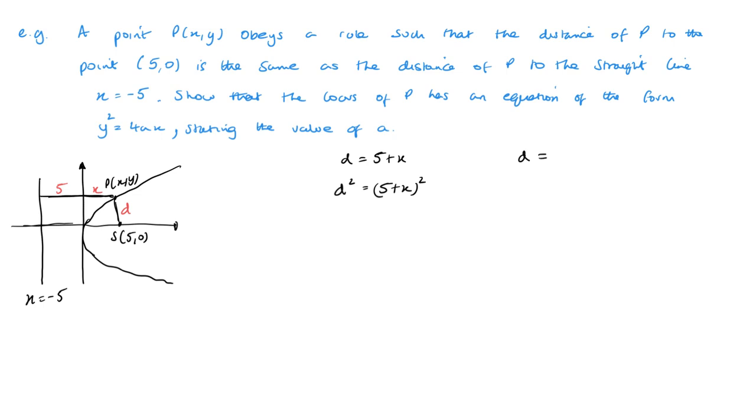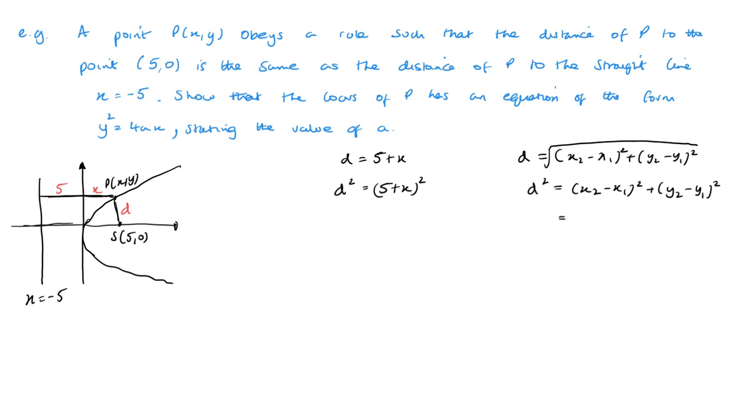If d equals x2 minus x1 plus y2 minus y1, these are squared and then square rooted, then d squared equals x2 minus x1 squared plus y2 minus y1 squared. And I haven't got the square root, so it's easier to deal with.